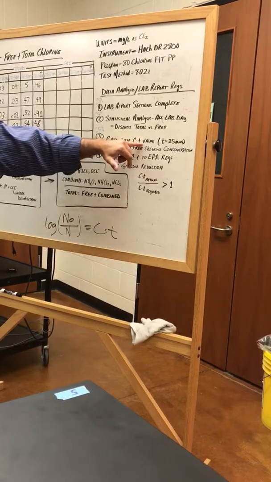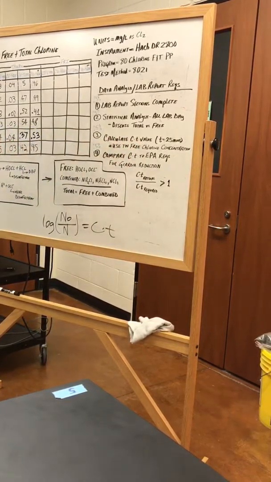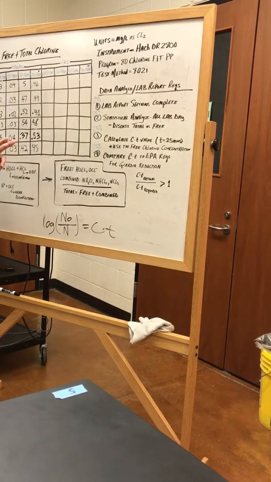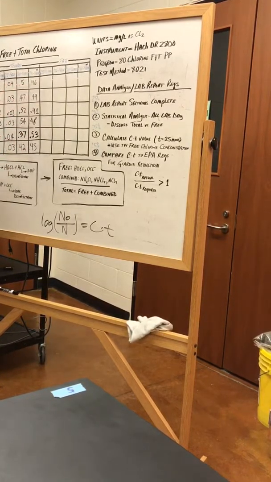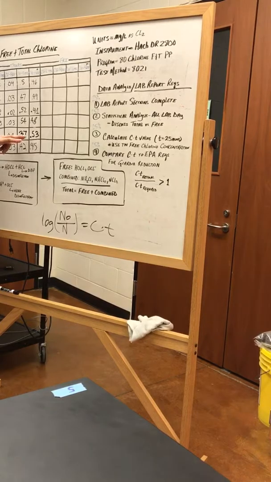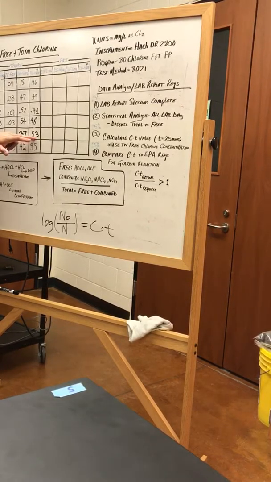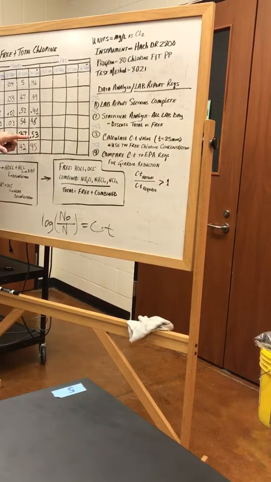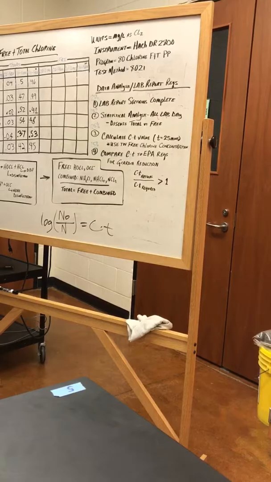For the CT value, you're trying to calculate what you actually got today. So we're going to use the free, the same column you did for the statistics. Use the same number from table 5, 0.53. That'll be your concentration. So that's 0.53 milligrams per liter as chlorine. That's how the meter was reading, as chlorine.